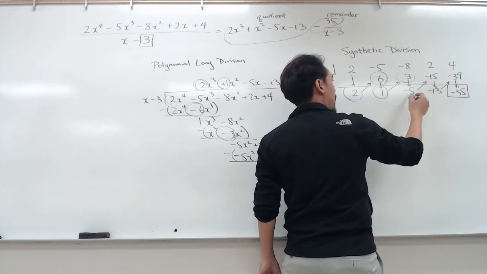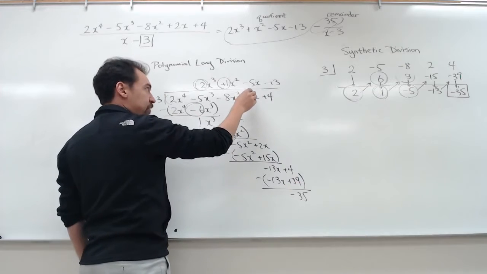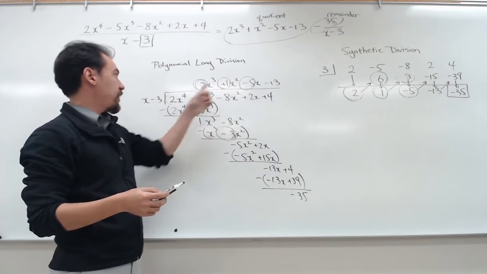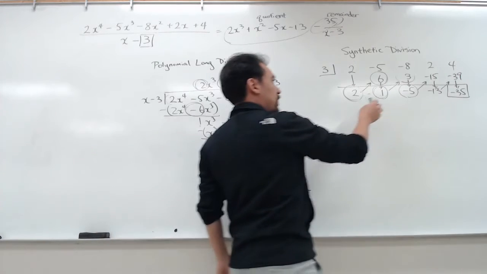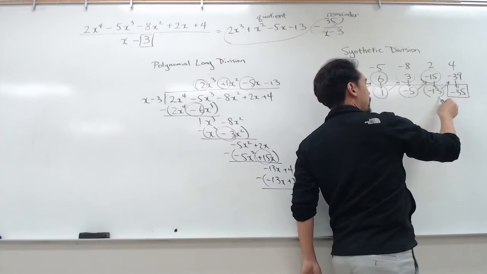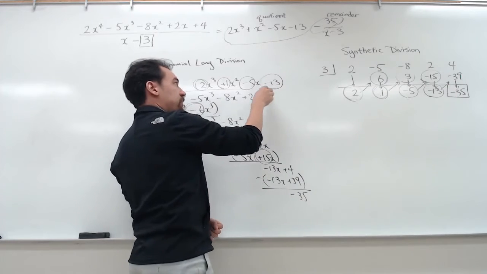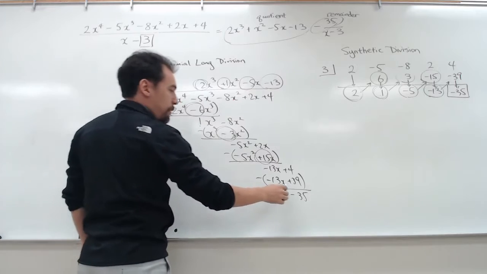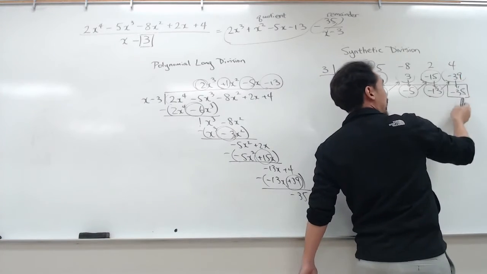But then when I add them, this negative 5 will match this negative 5, hence matching the negative 5 coefficient in the next quotient term. Negative 5 times negative 3 gets positive 15, which, flipping the sign, gives me negative 15. Adding together gets negative 13, which matches this negative 13, and therefore this negative 13 up there. Negative 13 times negative 3 is positive 39, but the flipped sign over here gives negative 39, and finally that negative 35 is the remainder.